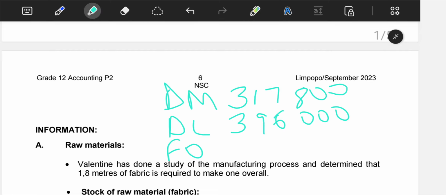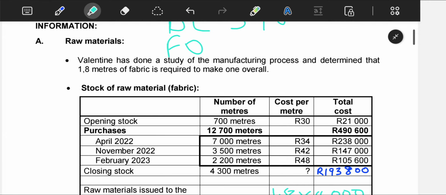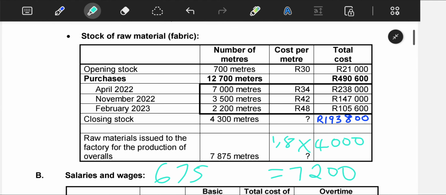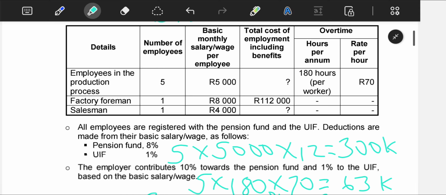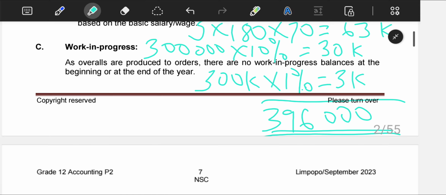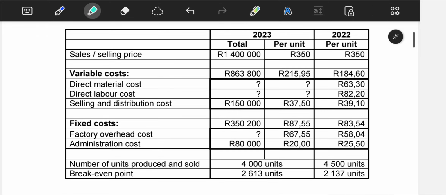Let's see the information that we have here. Factory overhead costs.